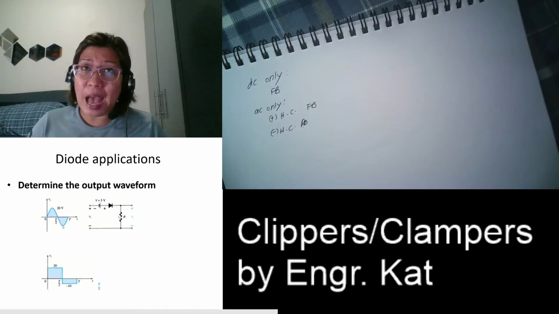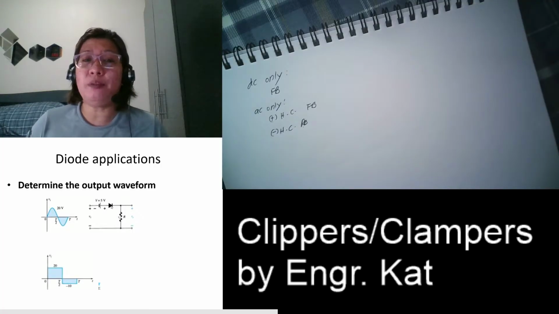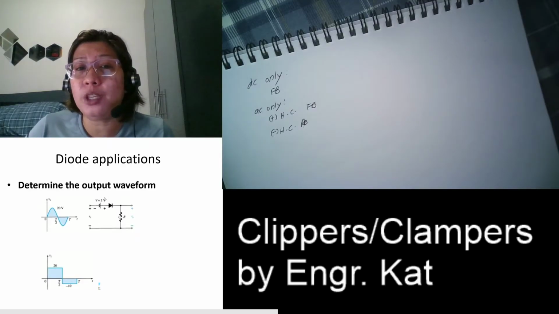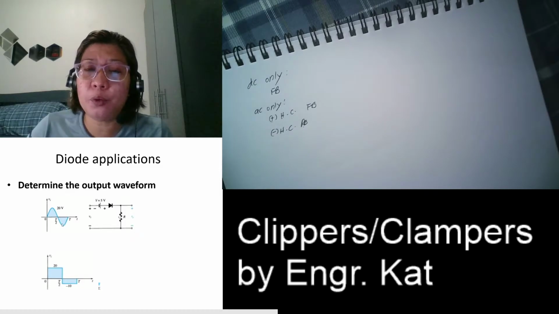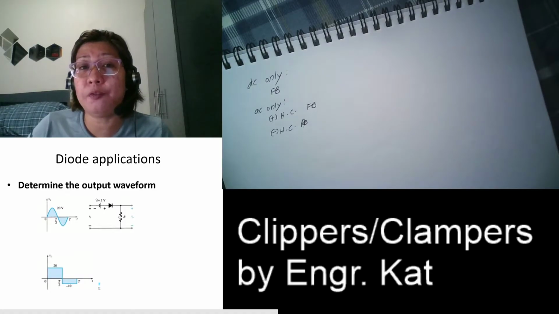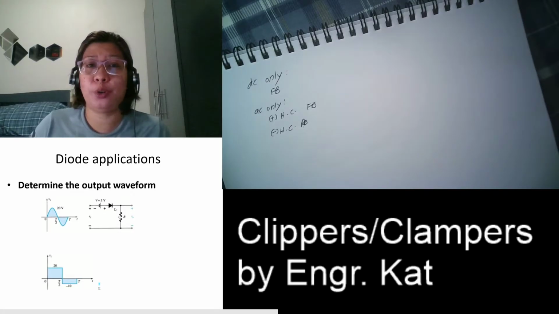During the negative half, this can be reversed. But if the value of your voltage is less than 5 volts, then the 5 volts can still forward bias your diode.